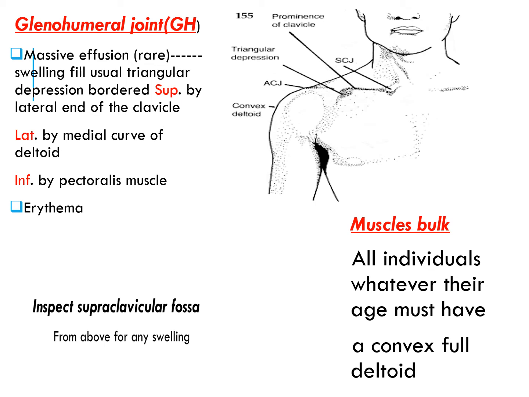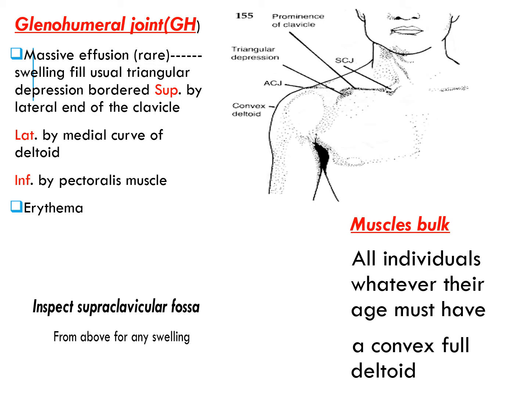This triangular space will be swollen and full of fluid, with a tender point here, indicating a massive effusion in the shoulder joint. Also, we look for erythema of the overlying skin if there is inflammation in the joint.